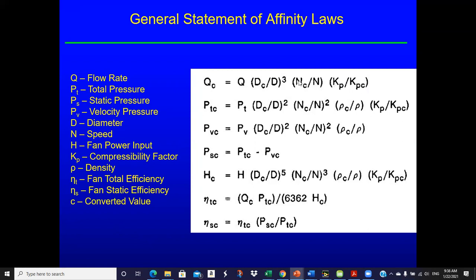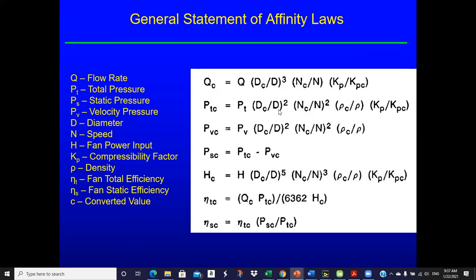Then we would wind up with the new speed divided by the old speed times the old flow rate is equal to the new flow rate. So, let's take an extreme example: say we doubled the speed of the fan by a factor of 2. Well, then we're going to double the flow rate because it's linear with that ratio. Double the speed, double the flow.